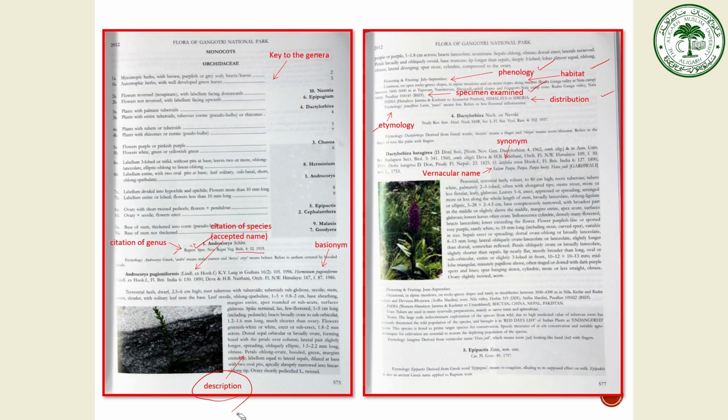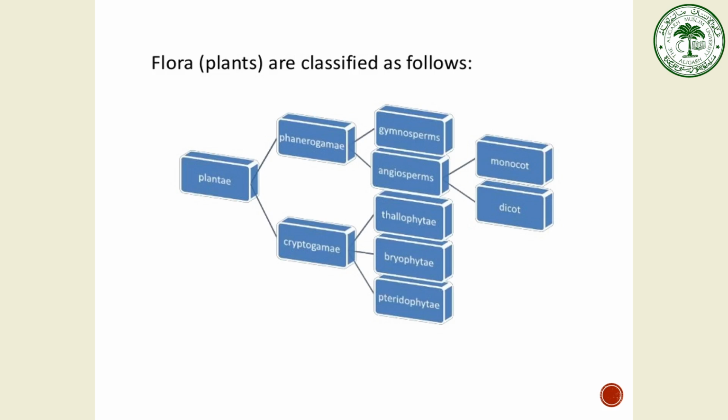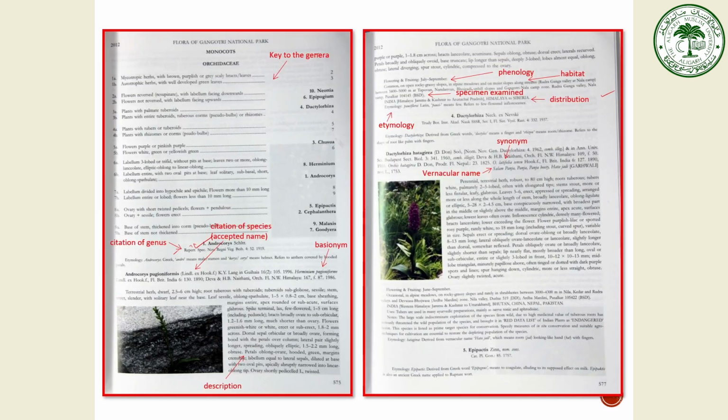So we have to collect all this information before writing the flora because it is very important. So in this way, we can easily write a flora, and with the help of these keys and this information, we can easily reach our desired information. Then this flora is classified as follows. As we can see in this image, this is the monocot and Orchidaceae.